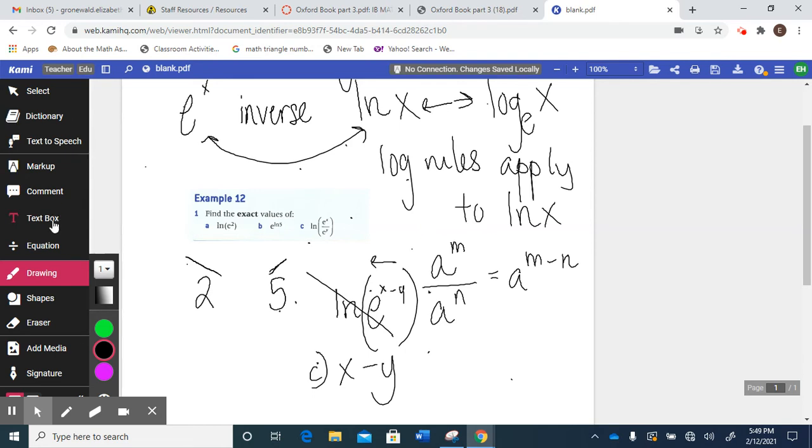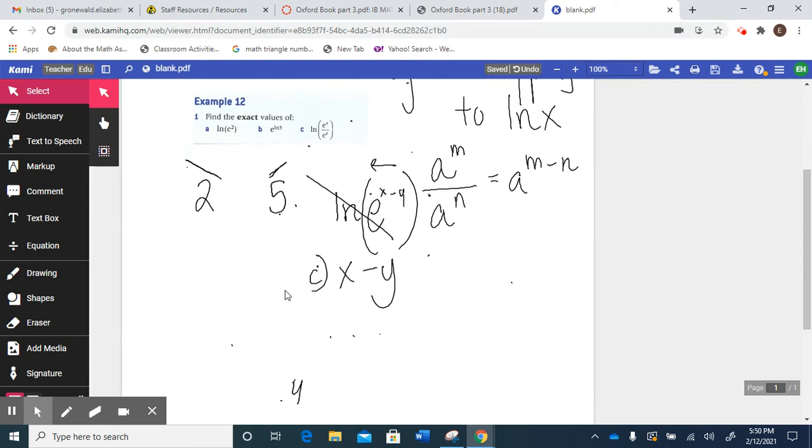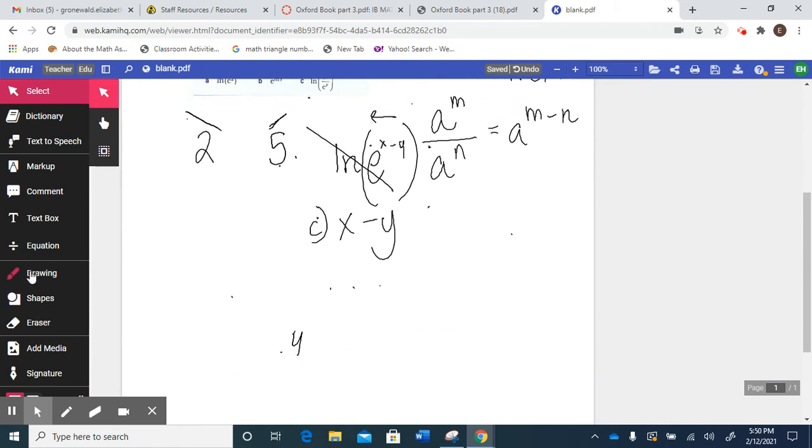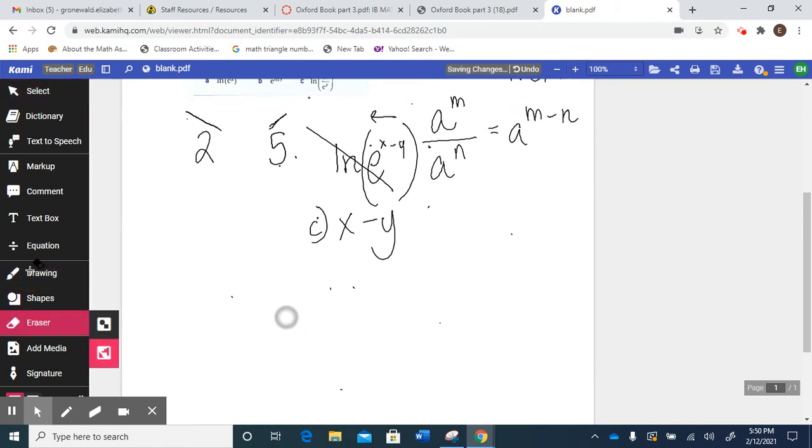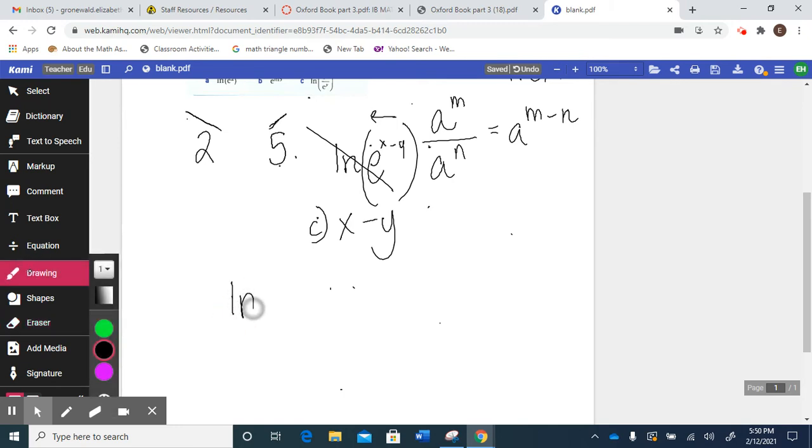Okay. The next thing I want to do is show you how to quickly solve a logarithm using an exponential. So if I have something like this, natural log of x equals 4.1.